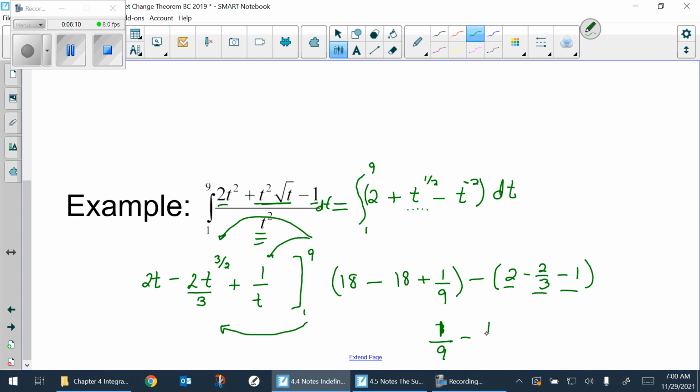I think that gives us 1/3. So 1/9 minus 3/9. I believe we're going to end up with negative 2/9. So you have to simplify first, because there is no quotient rule of integrals.